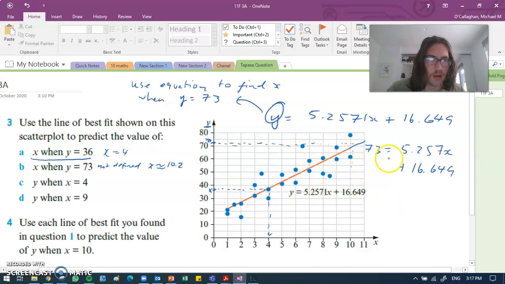And then you'd solve that like an equation. So you do the opposite to get rid of that. So it's minus 16.649. So it'd be that minus 16.649.